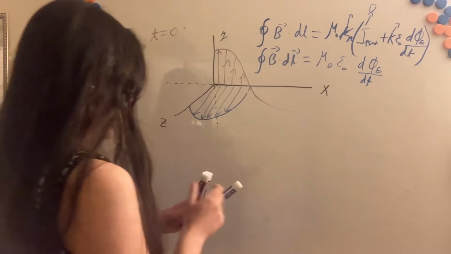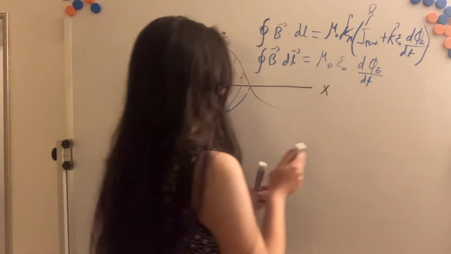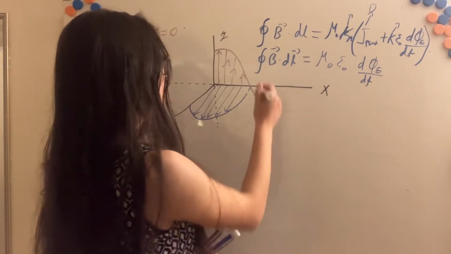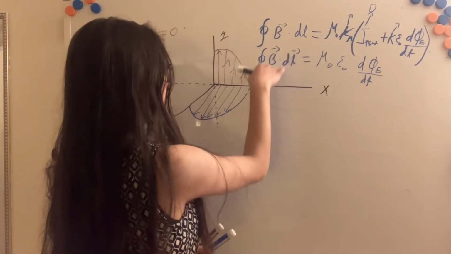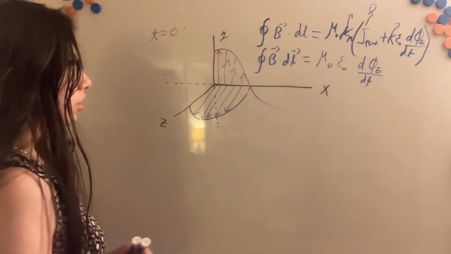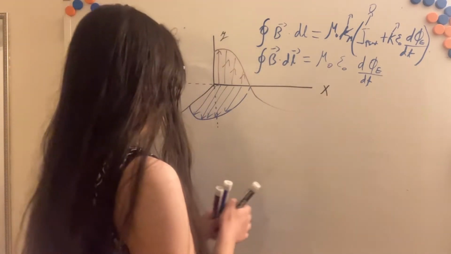So we need to calculate first the electric flux and then take its time derivative, and next this closed integral of B dot dl. So first the electric flux.